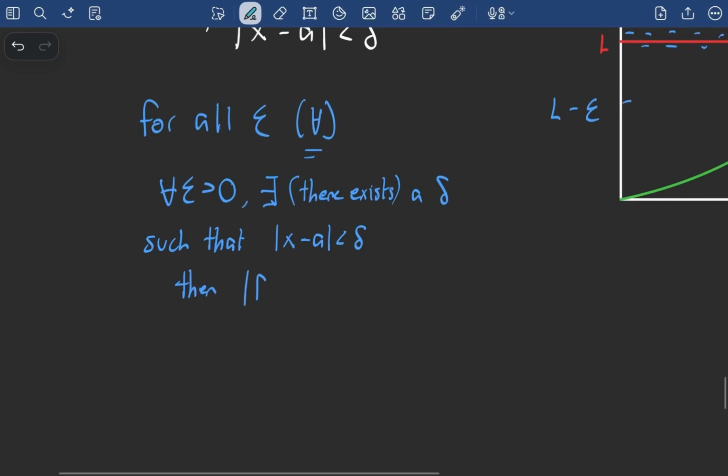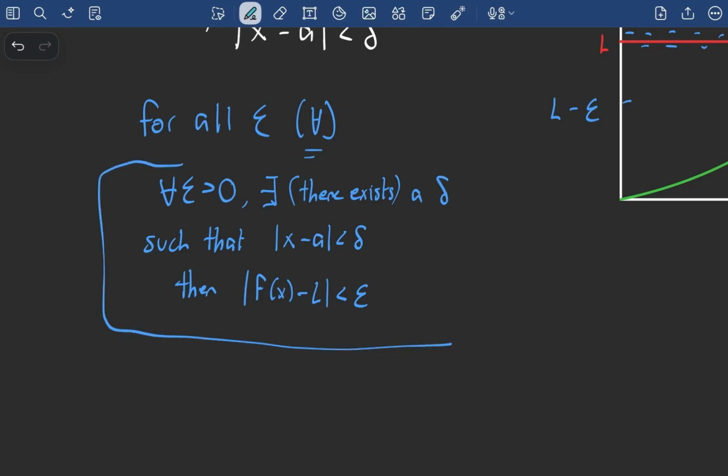That means that f of x minus L is less than epsilon. And this right here is the formal definition of the proof.